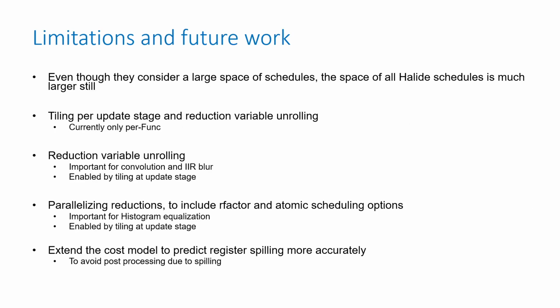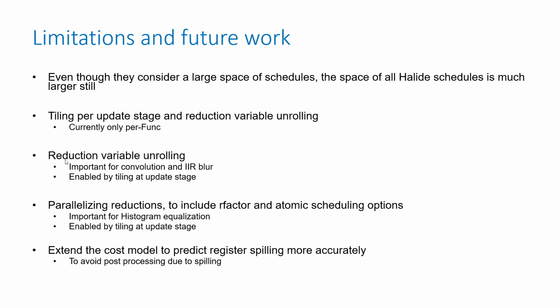Okay, now let's go to the limitations and future work related to the Anderson autoscheduler, and here's the summary of it. Even though they consider a large part of the state space for the search, the search space is still larger, so it can be further improved. In reduction, three of the improvements are centered around the reduction induction variables.